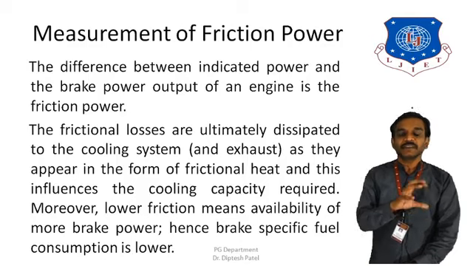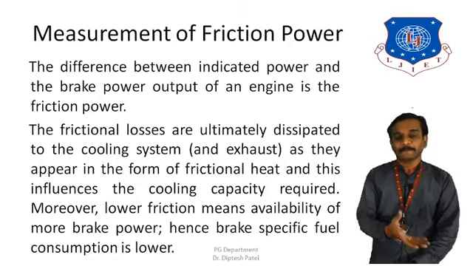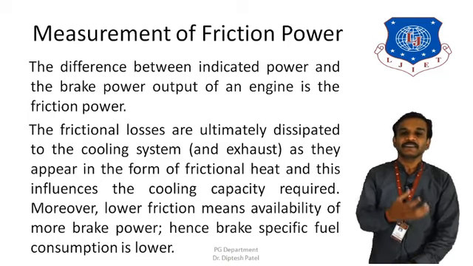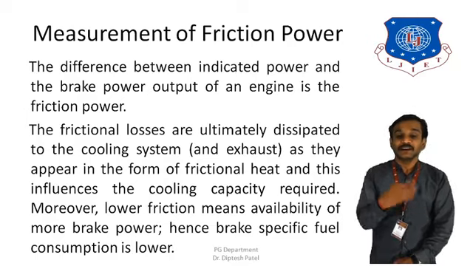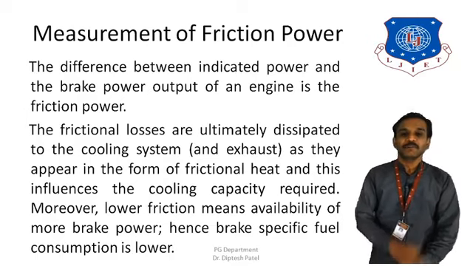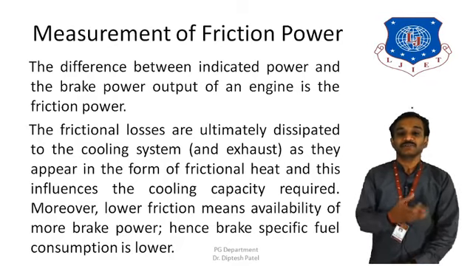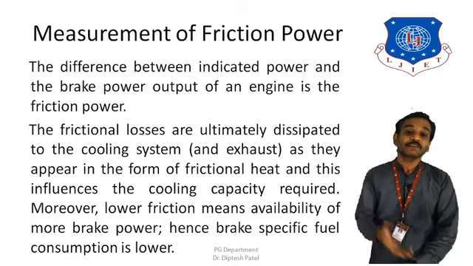The indicated power is much higher than the brake power, because of the friction that occurs in the IC engine due to the relative motions of the various components in the engine, which consumes a certain amount of power.